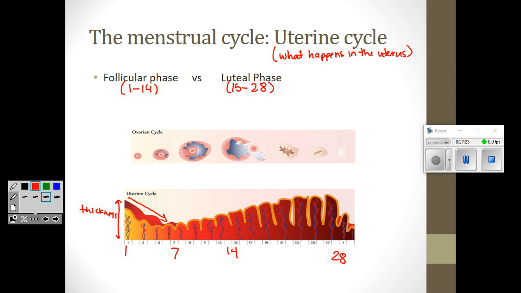Over the first 7 days or so, the uterine lining gets thinner. Here, the lining is shed, and we would call this her period. So, when a woman is menstruating or having her period, she is shedding the lining of her uterus.